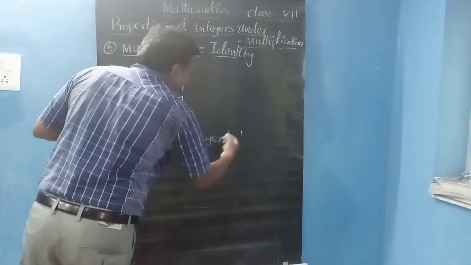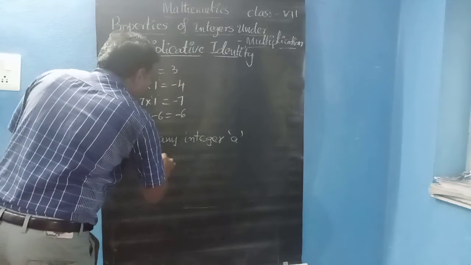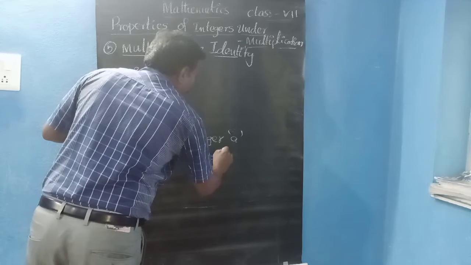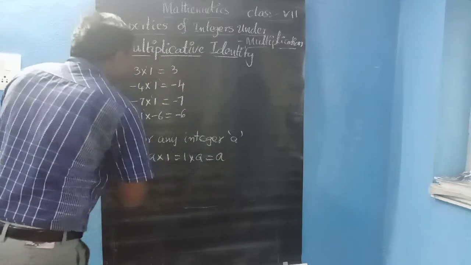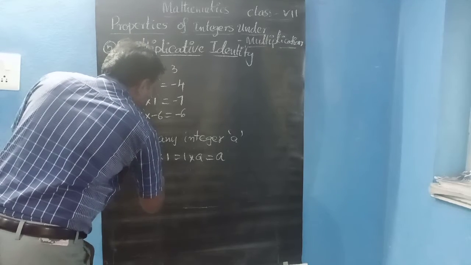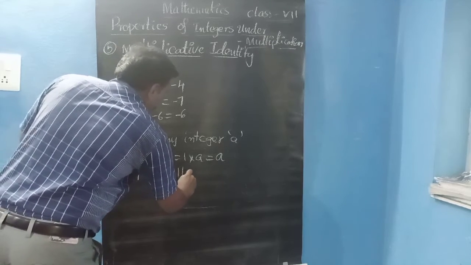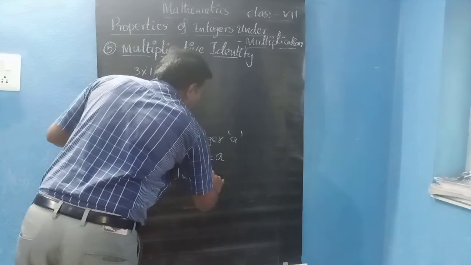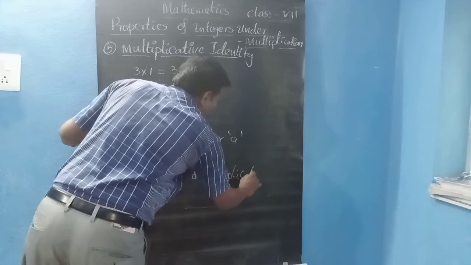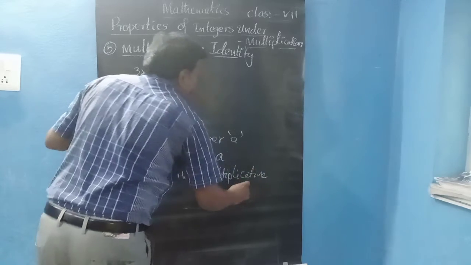For any integer a, a into 1 is equal to 1 into a is equal to a. 1 is called the multiplicative identity.